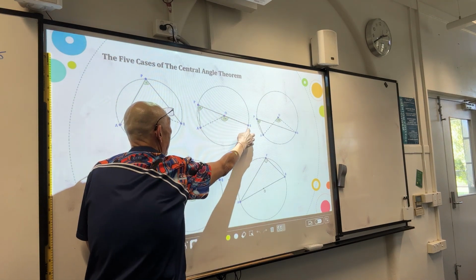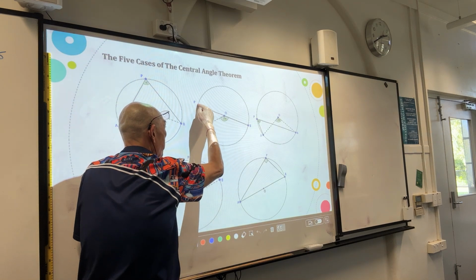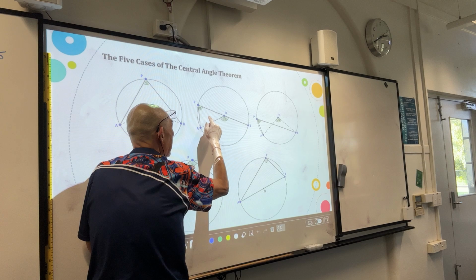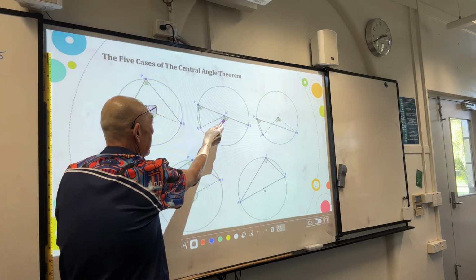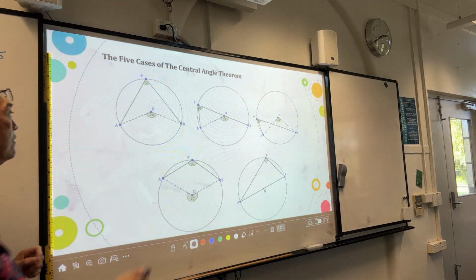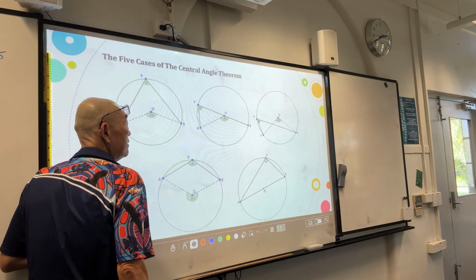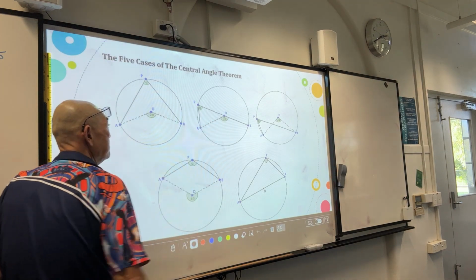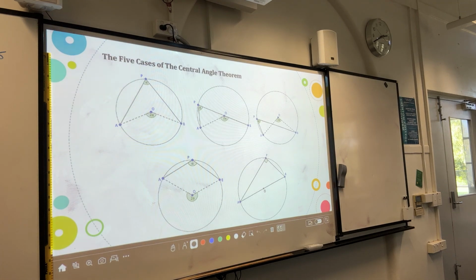The diameter touches point P and comes to point A, and then from here, O to A. Therefore, this angle is half the angle of that. That's the center. That is the circumference.